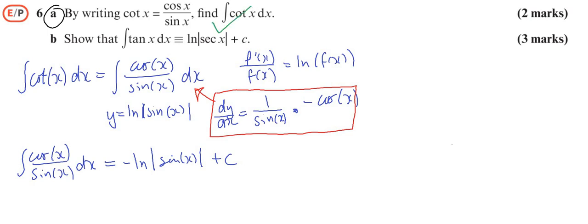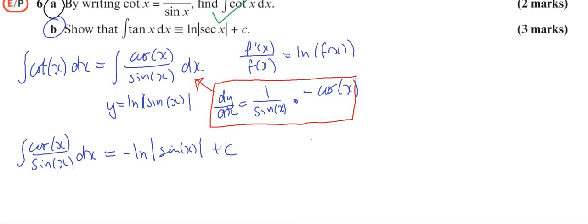That's A taken care of. Okay, now for B, I'm going to show that the integral of tan x is given by ln of sec x. Now with all A level, it must have something to do with what we did in part A. So we want the integral of tan x dx.